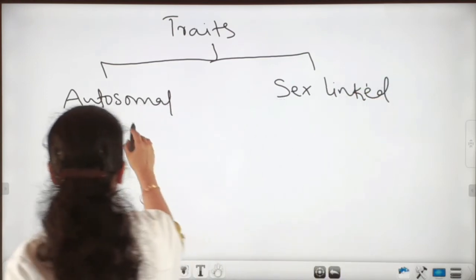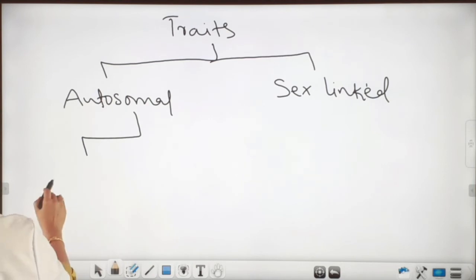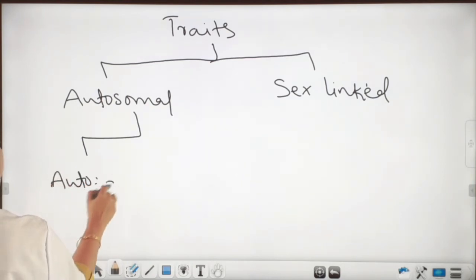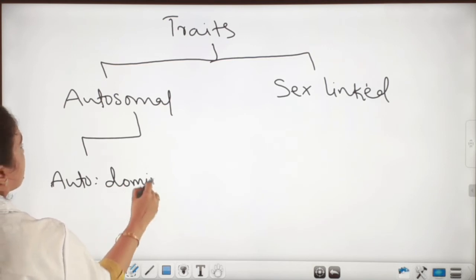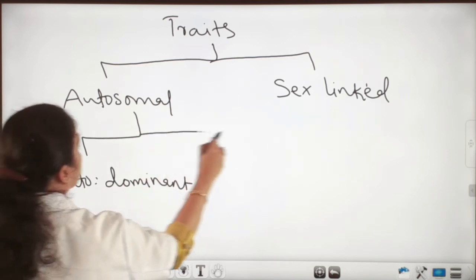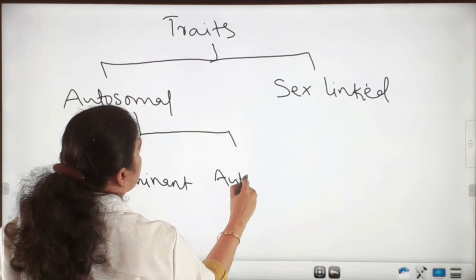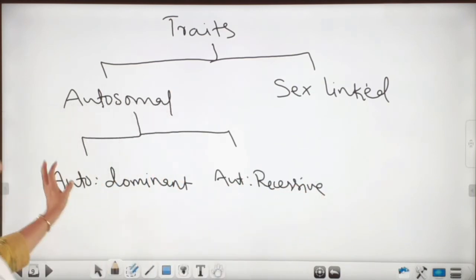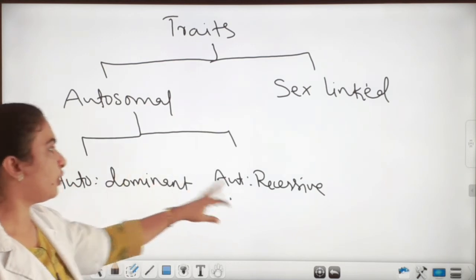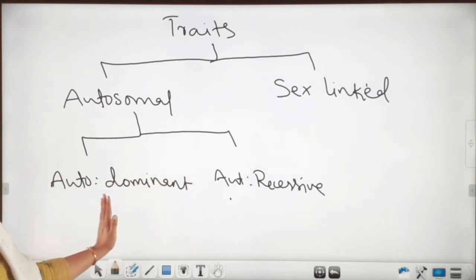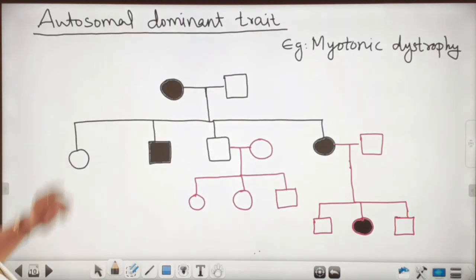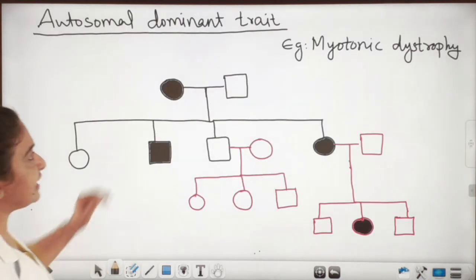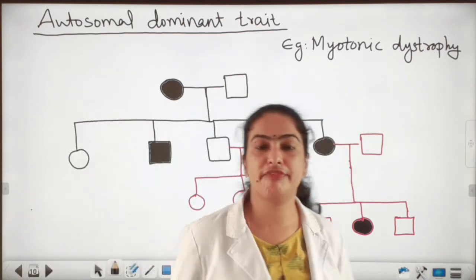So the autosomal traits are also classified into autosomal dominant trait and autosomal recessive trait. So here we can see these 2 types, autosomal dominant and recessive type examples, as a pedigree. Here the autosomal dominant trait example is myotonic dystrophy.